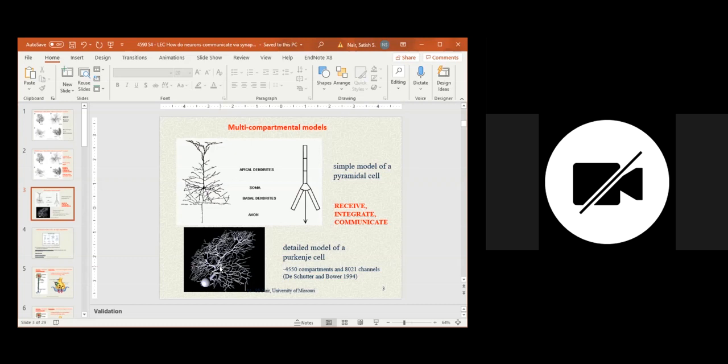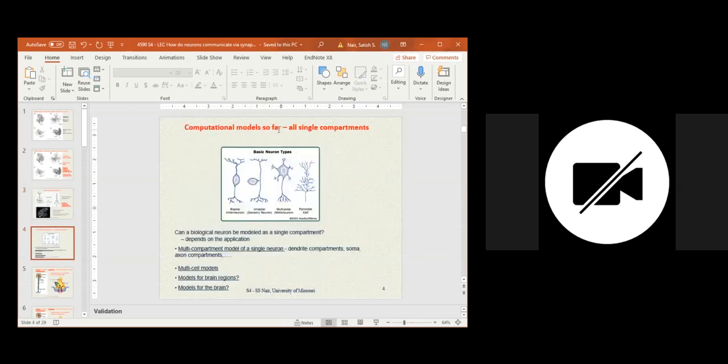We have a model in our lab, which has over 1,000 compartments and over 20,000 synapses. So going back, these are called multi-compartmental models, ranging from simple ones to very, very complicated ones. These are called very realistic models.